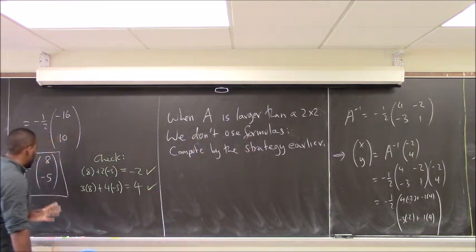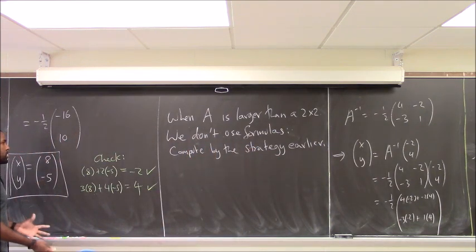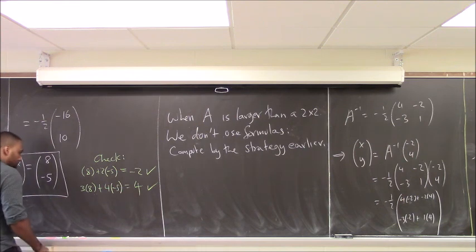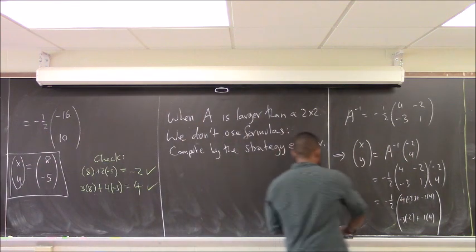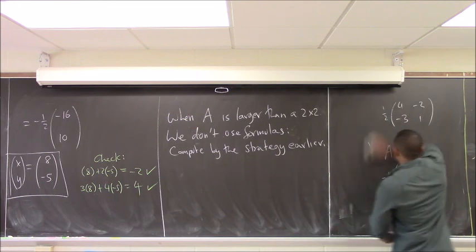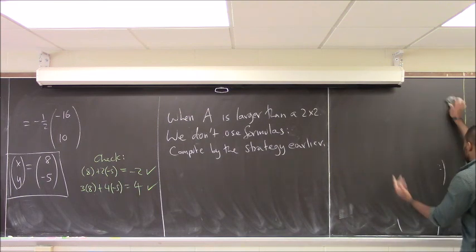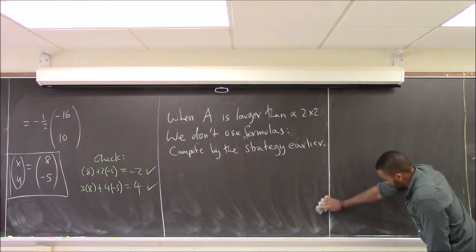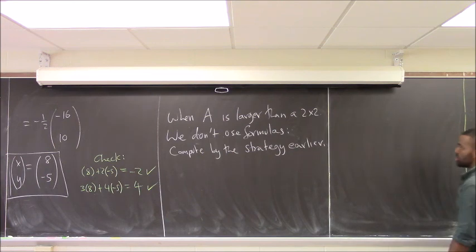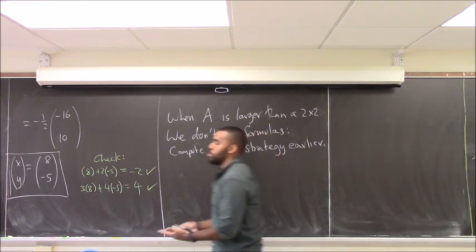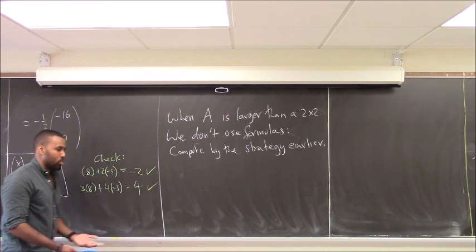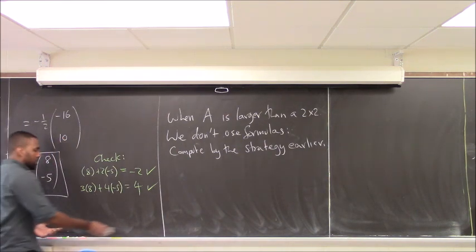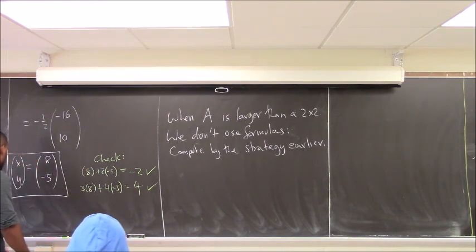Once you get 3 by 3 and higher, things get sufficiently complicated that to memorize a formula is going to be just as complicated as just doing it, because the formulas can get really large. So even in classes where you do a lot of matrix stuff and we really go deep into the matrices, no one's going to memorize a formula for the determinant of a 3 by 3 or a 4 by 4. You just know a process and you go through the process.